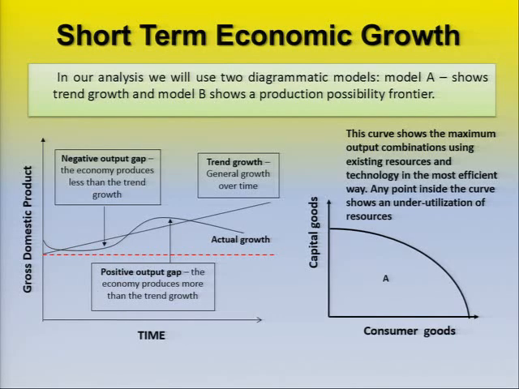That's a positive output. And then as we go up the trend line there, we have the trend growth, which shows the general growth over time. And then where the cycle turns, that's the actual growth.